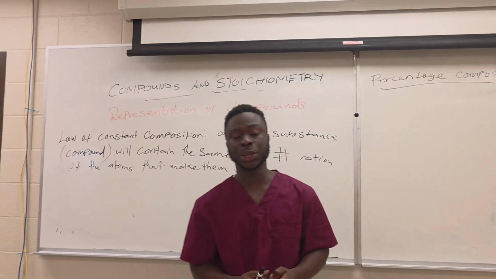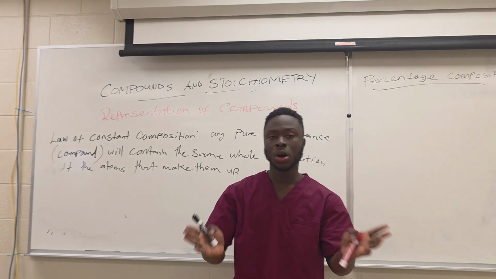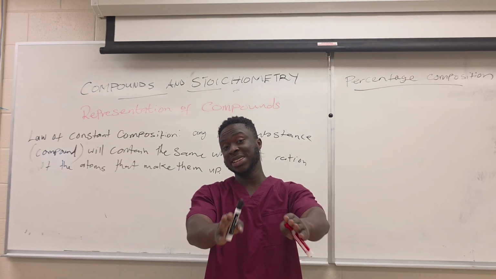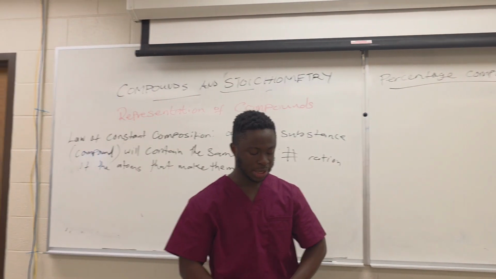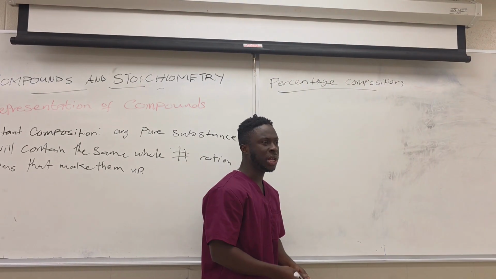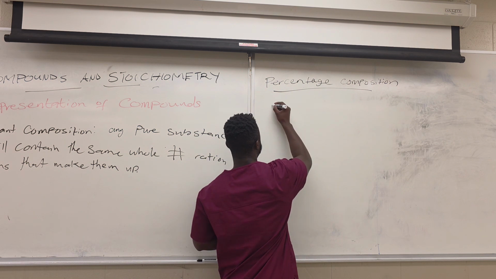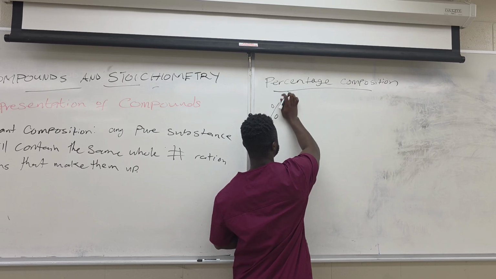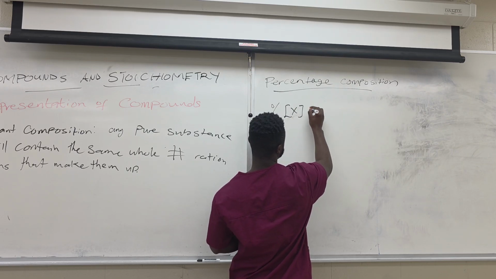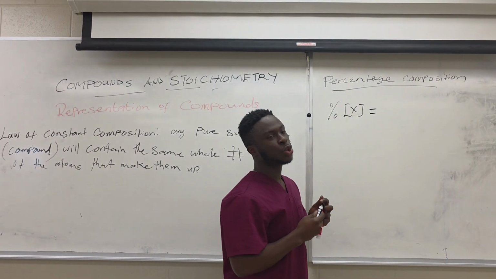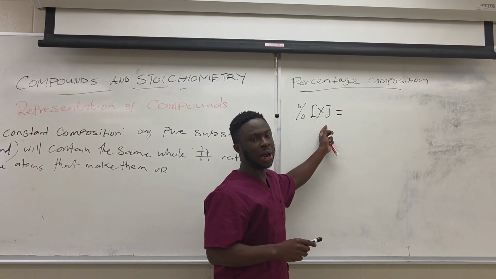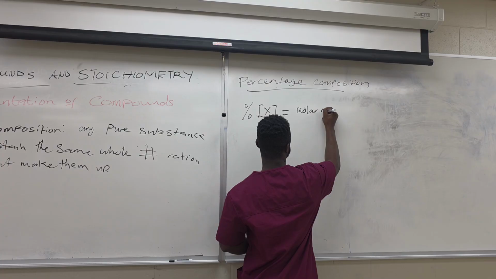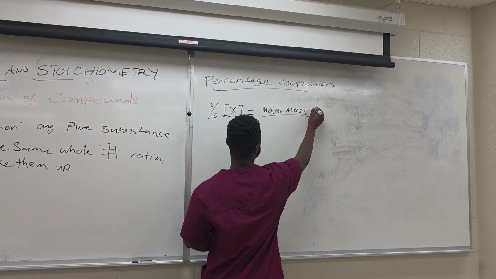If we take an entire molecule or compound to be 100%, how much of that 100% is a specific element or atom inside that molecule or compound? So if we want to find the percentage composition of element X in any compound, it is going to be the mass, or in this case the molar mass, of element X.